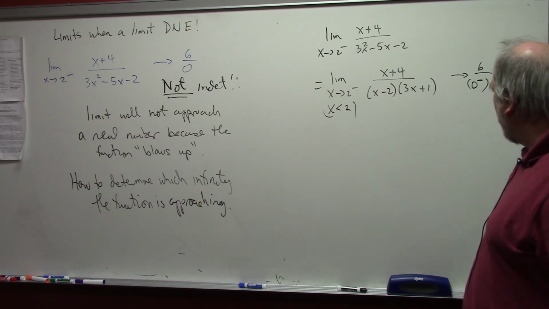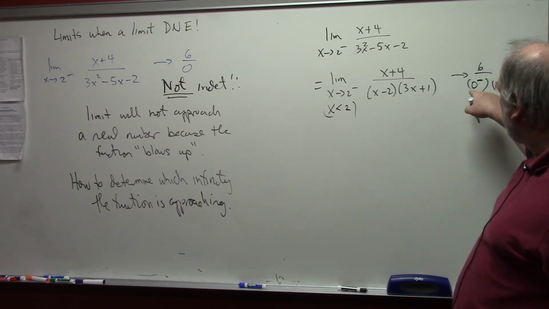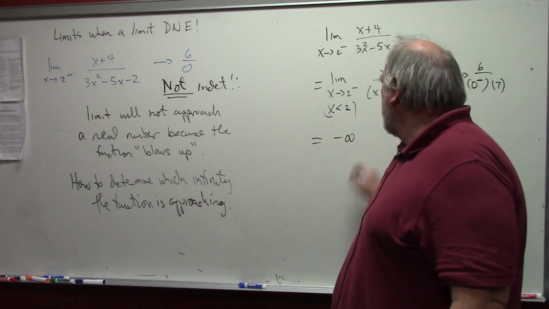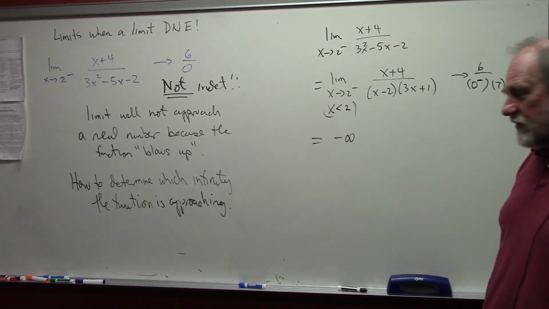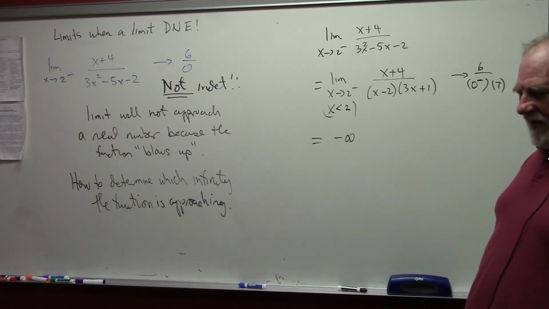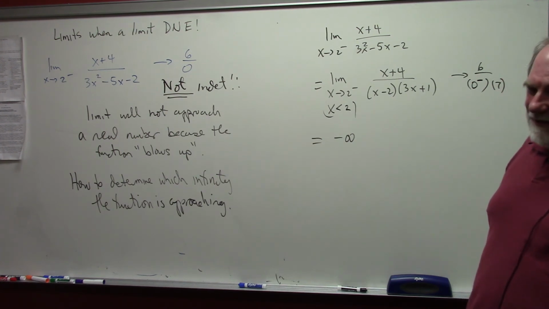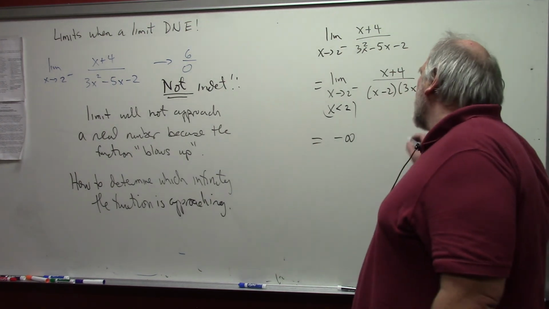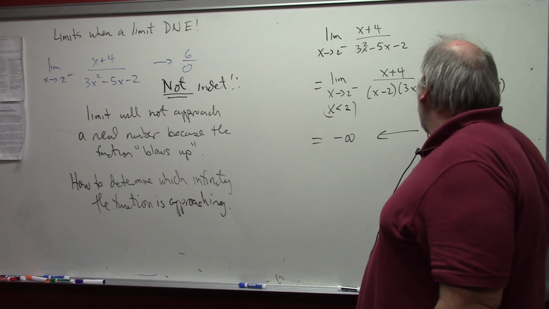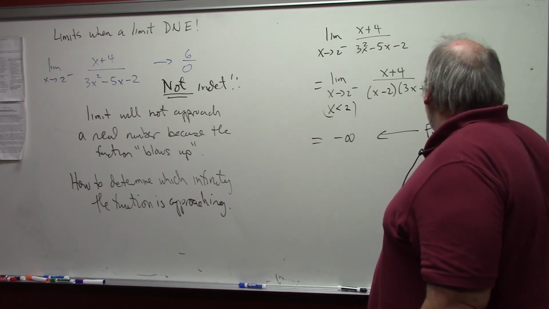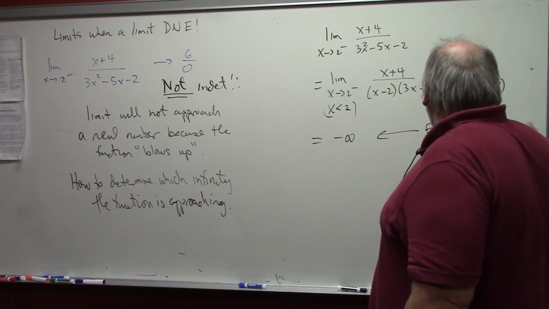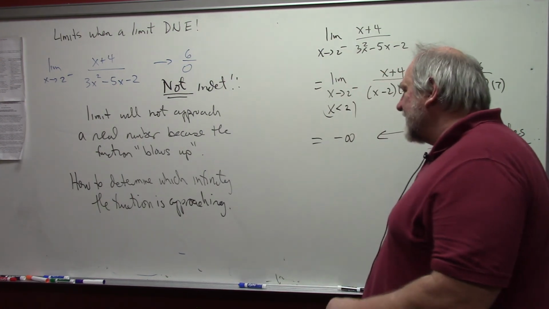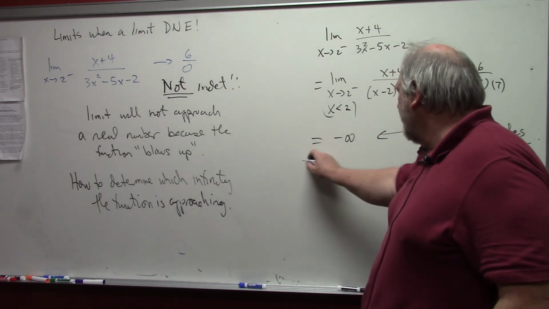And so I have a positive divided by negative times positive, and so therefore the overall limit in this case is going to be negative infinity. And what we mean by that is we're not saying that negative infinity is a real number. This is what the function approaches. We are using the concept of a limit as approaching something, in this case, approaching an infinity.